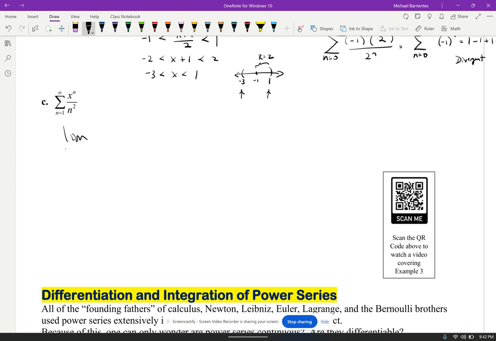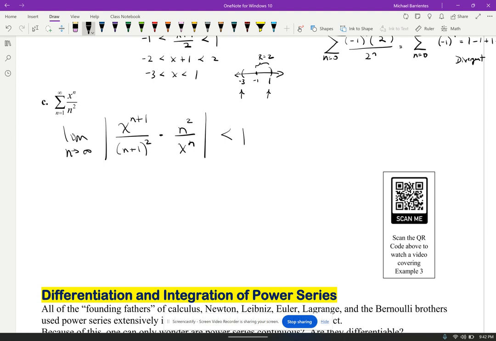So let's take the limit as n approaches infinity of the absolute value of x to the n plus 1 over n plus 1 squared, divided by x to the n over n squared, but that's the same thing as multiplying by the reciprocal. And I want to make this less than 1 so that it will converge.